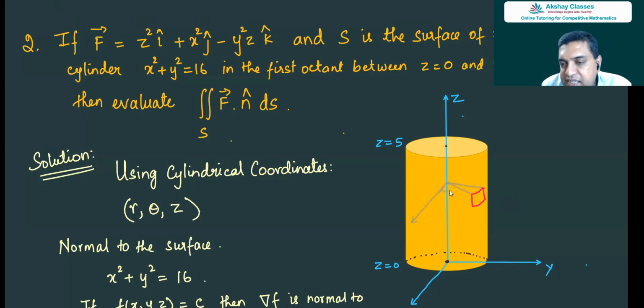Now with the x-axis, it makes an angle theta in the direction of x. And this is of course dz.